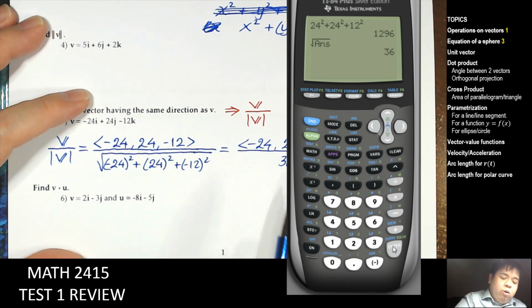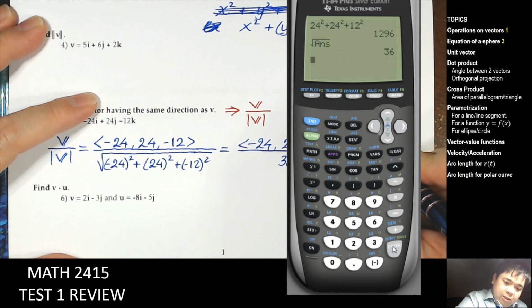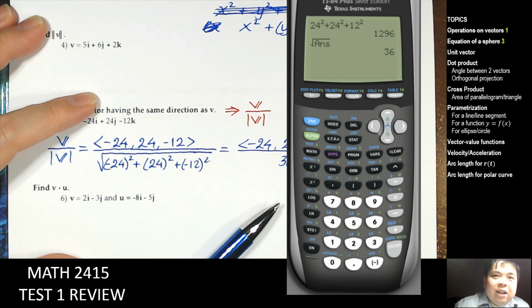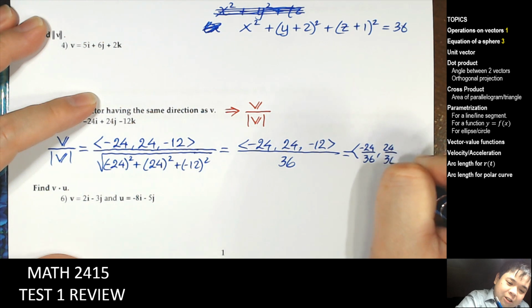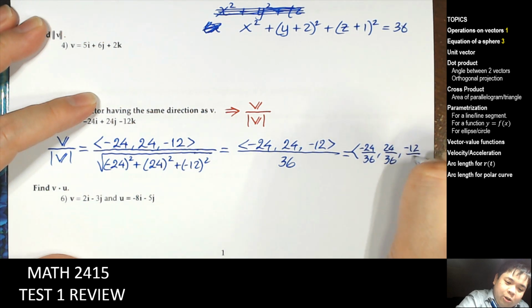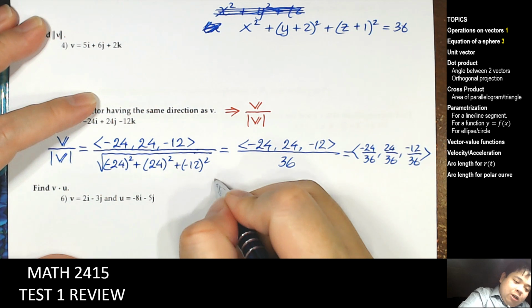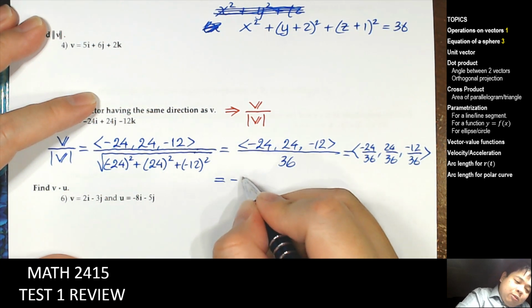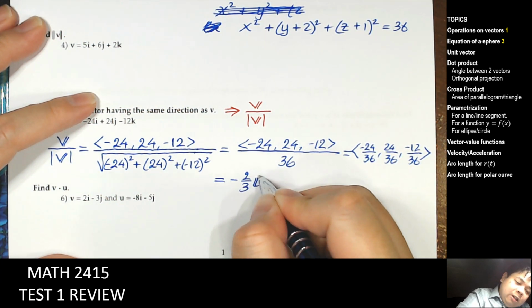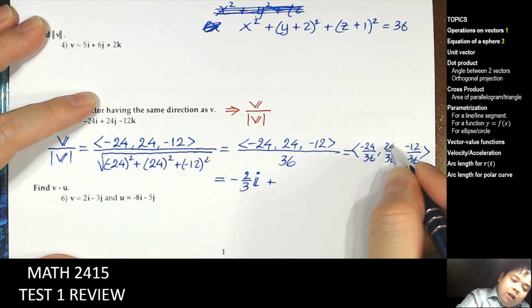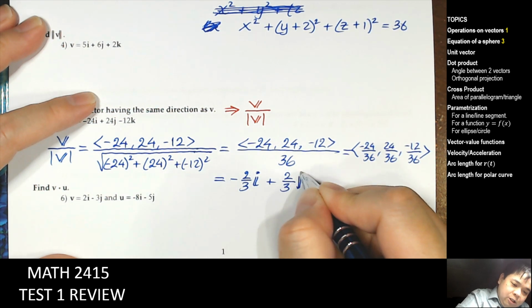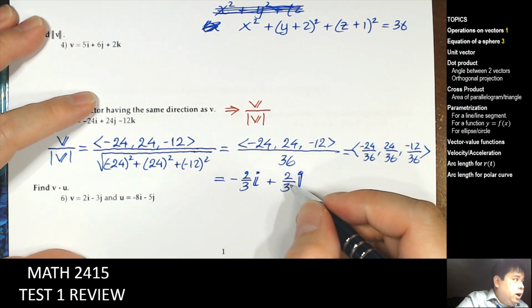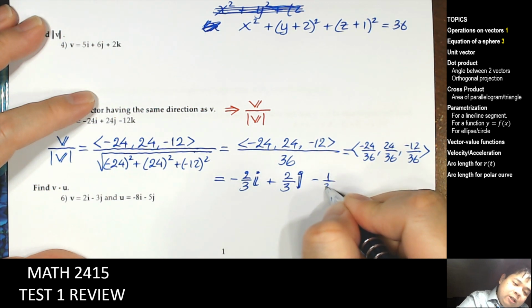And so we have negative 24 over 36, 24 over 36 and negative 12 over 36. So that gives us negative 2 over 3 i, 2 over 3 j, and minus 1 over 3 k.